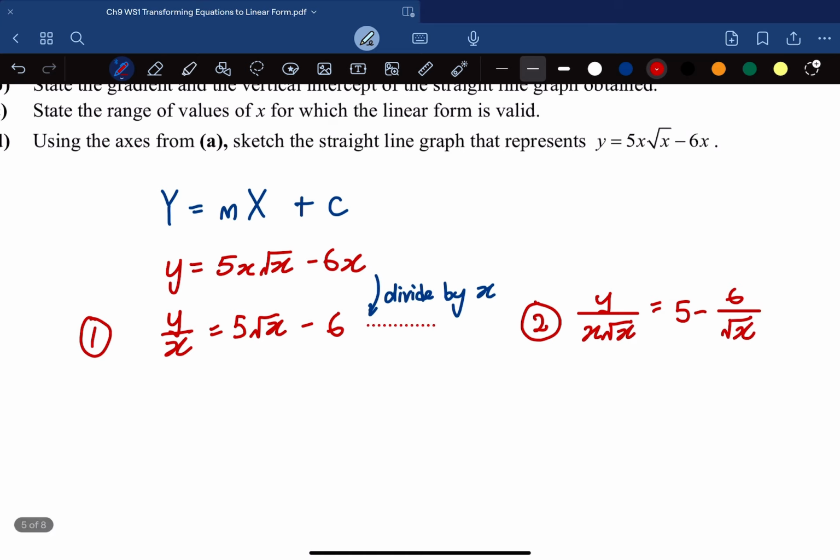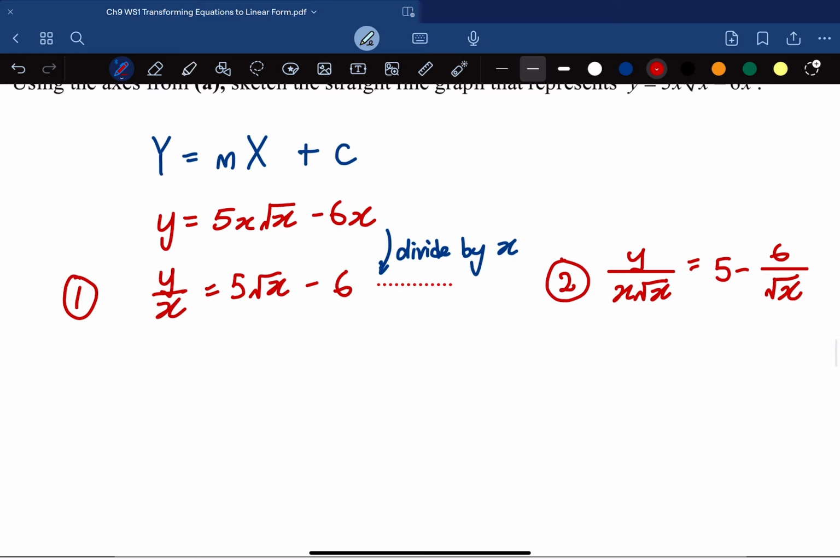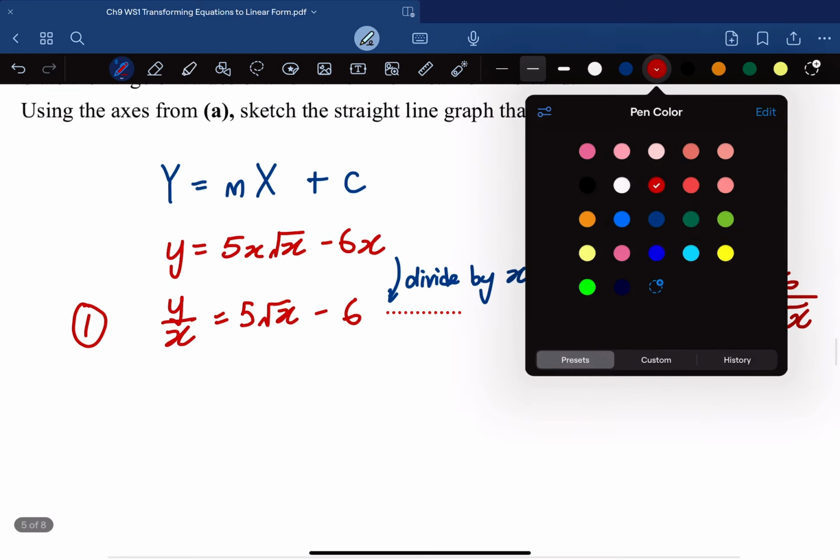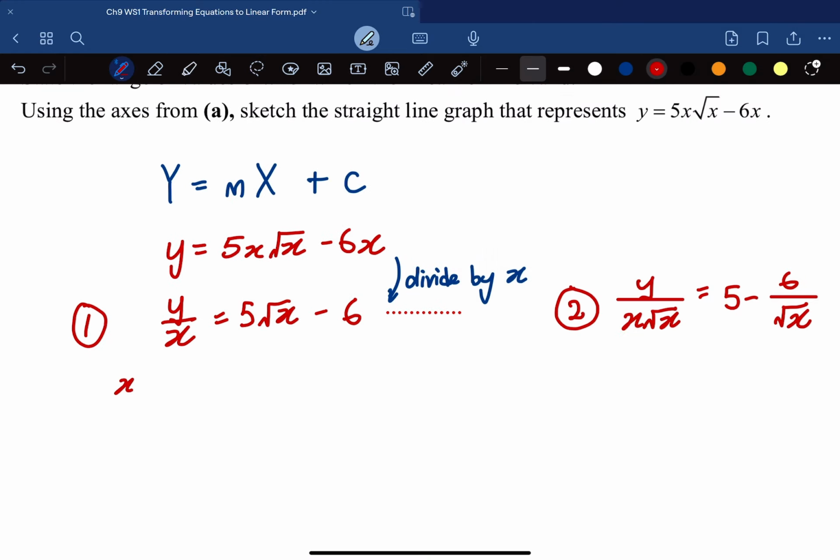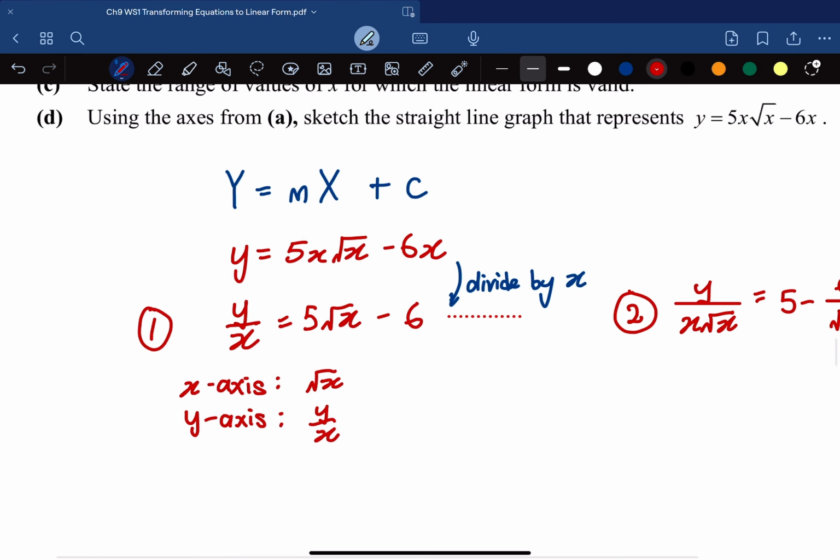Over here, let's say if I use method 1. Okay, method 1 here, the axes are simply: x-axis is root x, y-axis is y over x. Okay, and then from here we can also obtain the gradient. Gradient is the m.